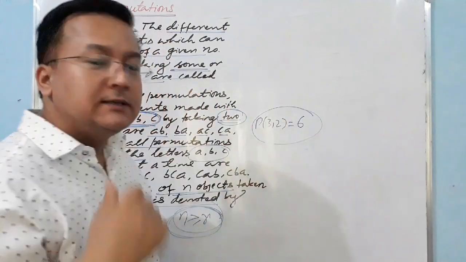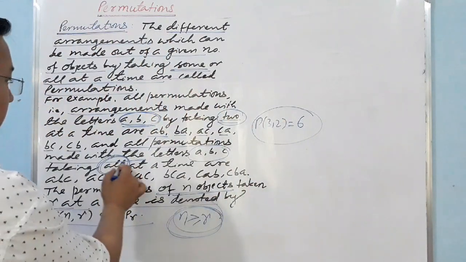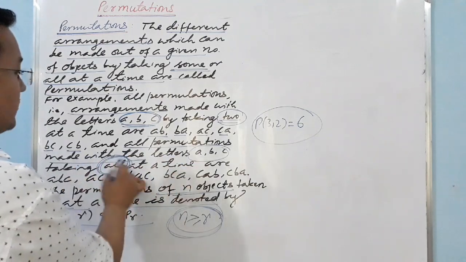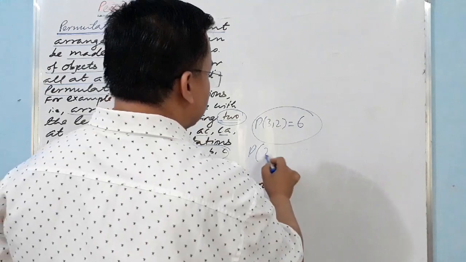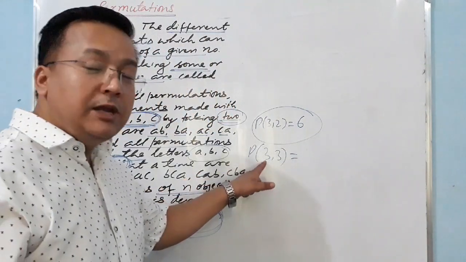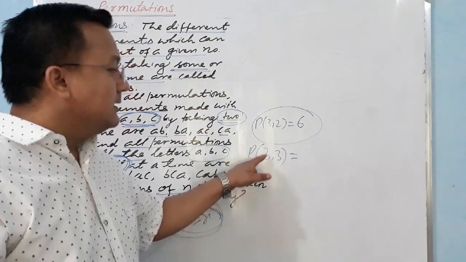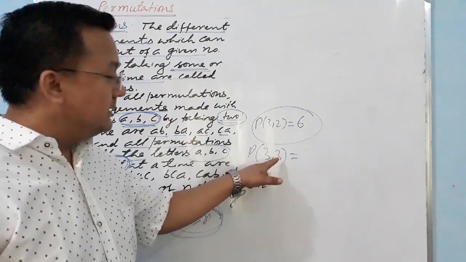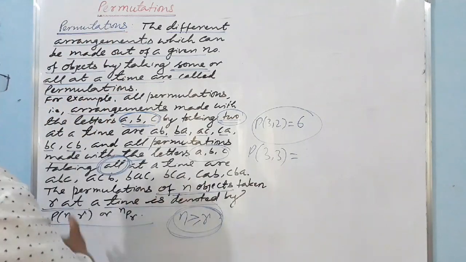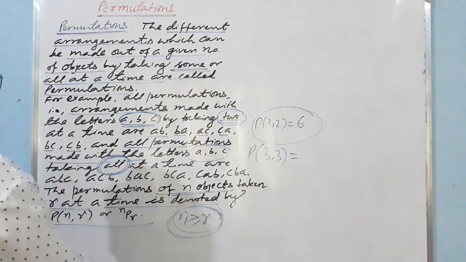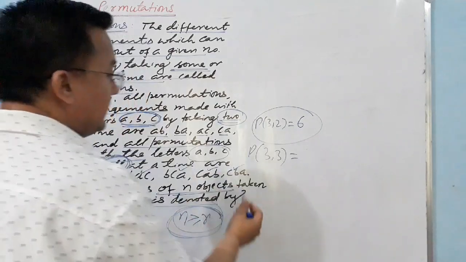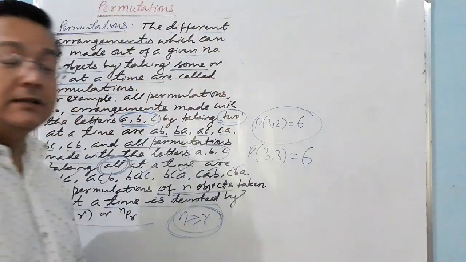Now, permutations made with the letters A, B, C taken all: P(3, 3). What does this mean? Permutations of 3 things taken all at a time. Let's count how many arrangements there are: 1, 2, 3, 4, 5, 6. Here also we have 6 arrangements.